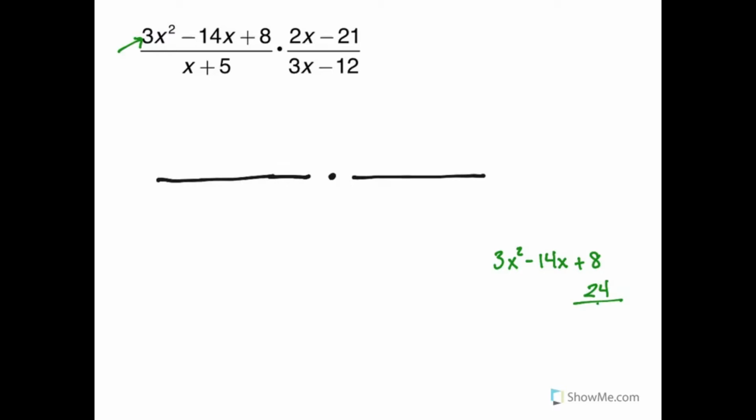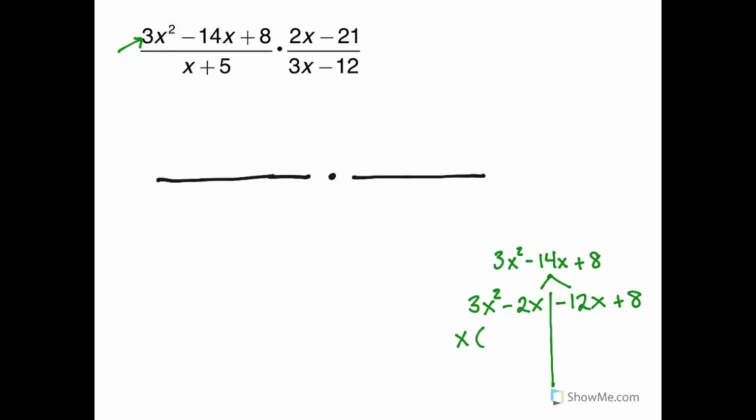I'm going to use the AC method, and I need factors of positive 24 that add to give me negative 14. So when I start listing factors, right away I find 2 and 12, and I can use those to split the middle term. Now that I've written negative 14x as negative 2x minus 12x, I can split the four terms and factor by grouping.